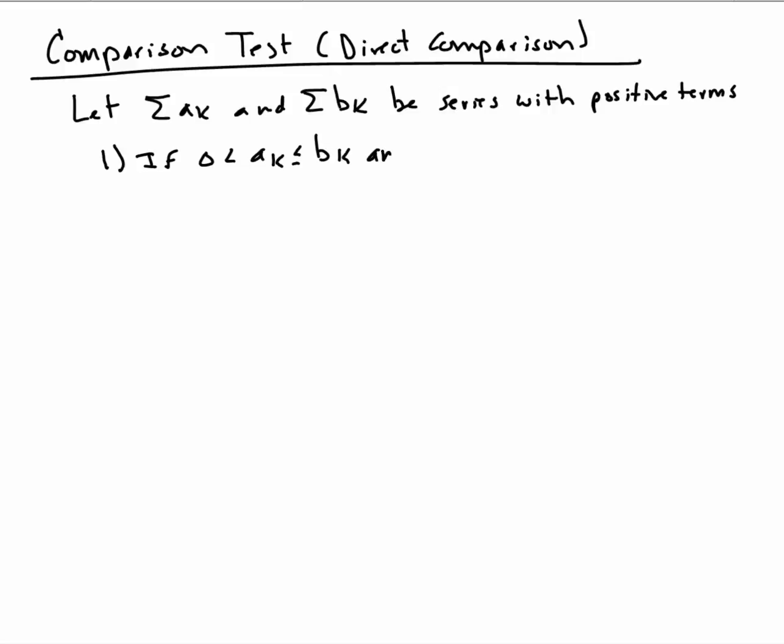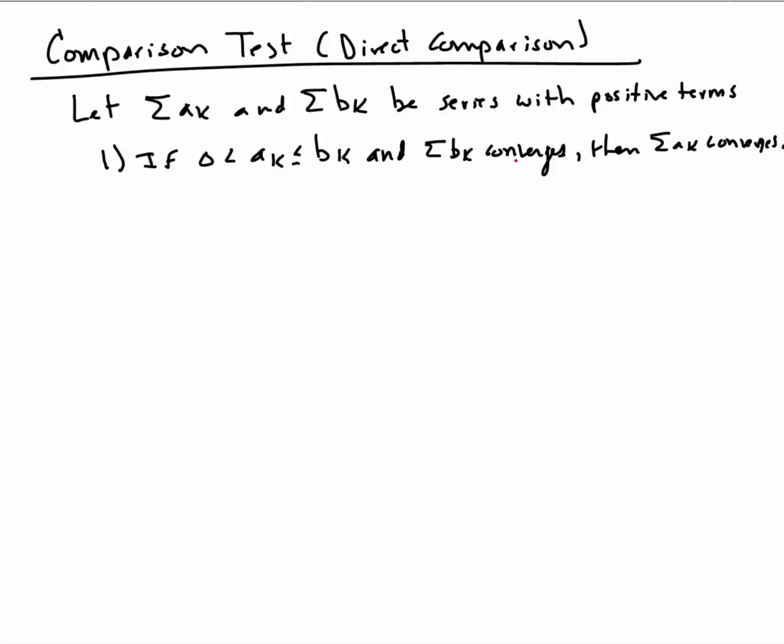And what we know, if this is the case, and we also know that the series b sub k converges, then what ends up happening here is a sub k converges as well. Okay, so like I said, this confuses me, so I have to write this out.